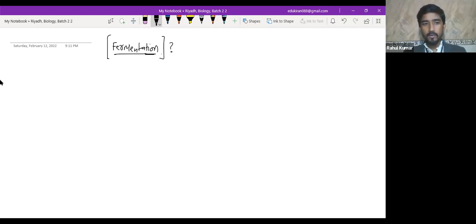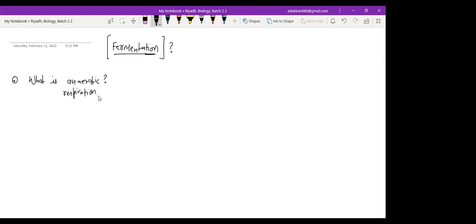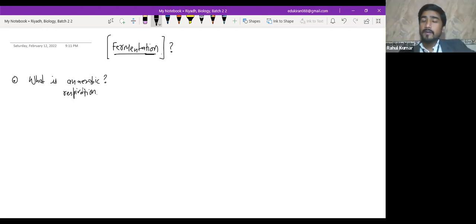Before we start understanding fermentation, let's understand what we mean by anaerobic. What is anaerobic respiration, to be precise? Respiration in the absence of oxygen, where oxygen is not at all utilized or not at all present. Is it clear?